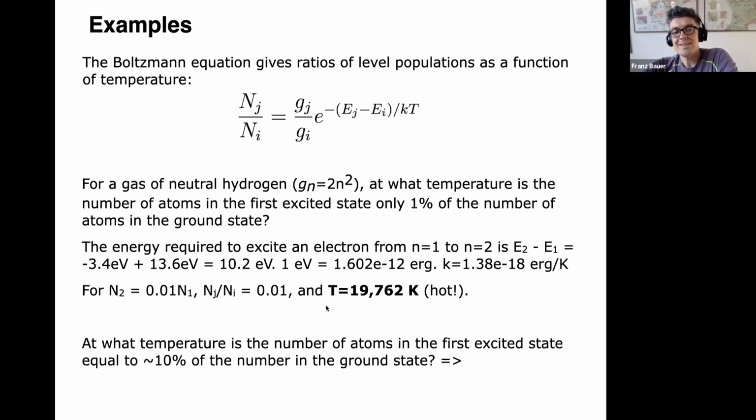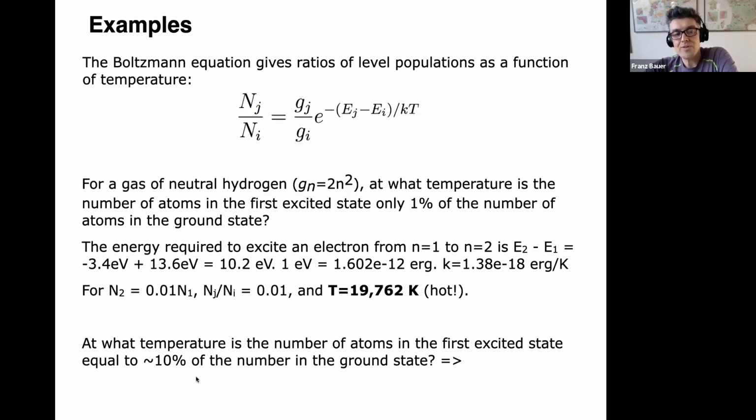If we plug that in, we require a temperature of about 20,000 Kelvin, which justifies our previous assumption that for most things below 10 to the 4, we're going to be in the ground state. Most of the population is going to be in the ground state.